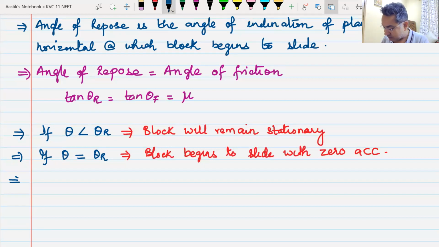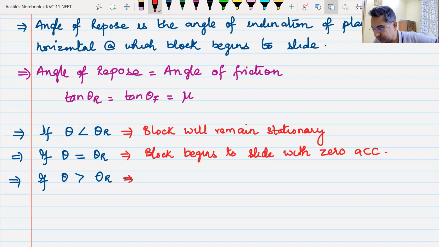Now, the third case would be if theta is greater than theta r. Can anyone tell me what will happen in this case? Looking at the two conditions that I have given, what will happen if theta is greater than theta r?